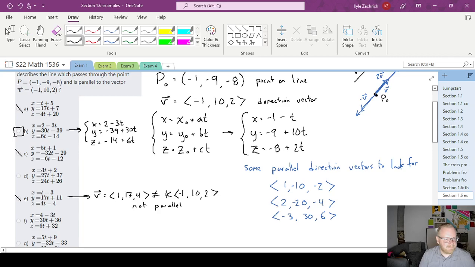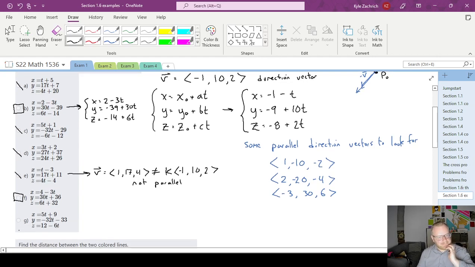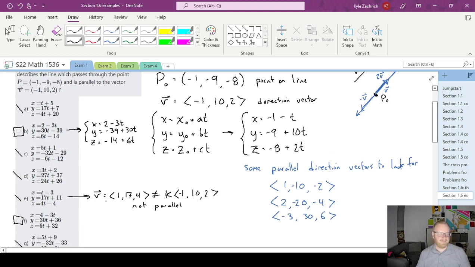Can't be this one. 3, 27, 24. No. Negative 3, positive 36. Oh, potentially. And then 5, negative 32, negative 6. No, won't work. Okay, so it's in between these two. Let's test B.